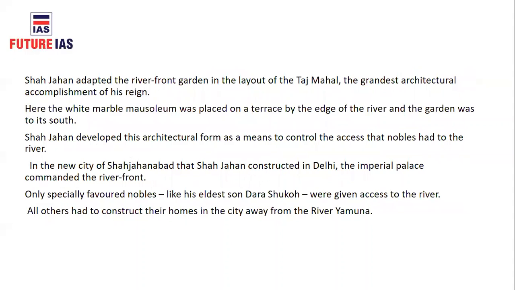Shahjahan adopted this riverfront garden in the layout of the Taj Mahal, which is also one of the grandest architectural accomplishments of these regions. And you must understand that the white marble mausoleum was placed on the terrace by the edge of the river, with the garden to the south.